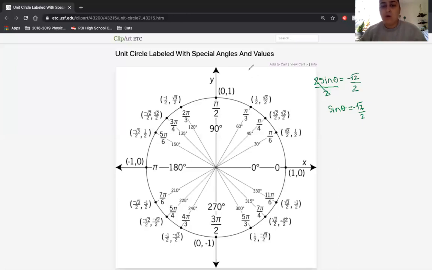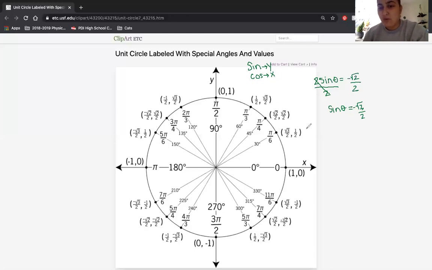I want us to remember always, and I will continue to write this for the rest of my life, that sine is equivalent to y and cosine is equivalent to x. I've done that since high school, and I get really flustered looking at the unit circle if I don't have it up there.